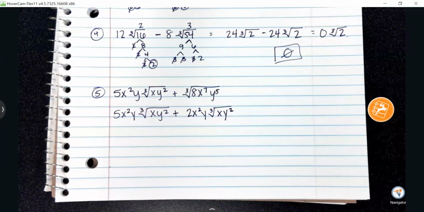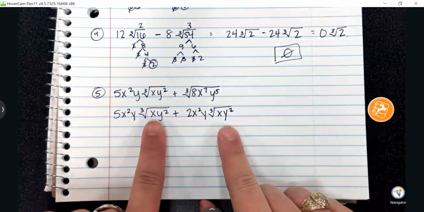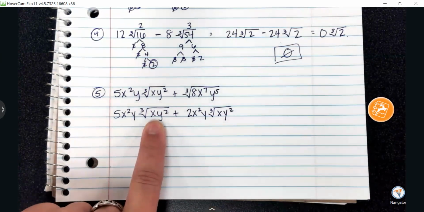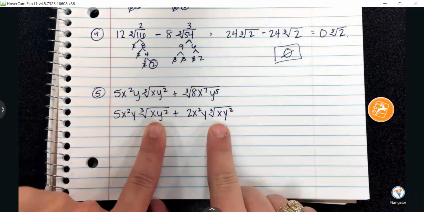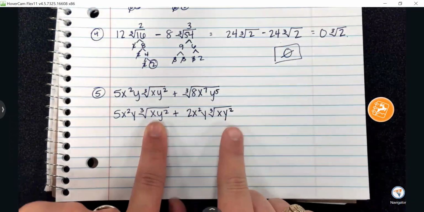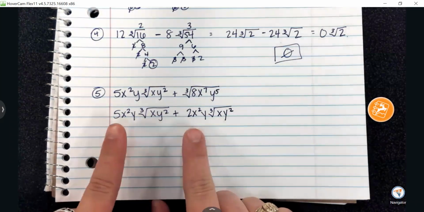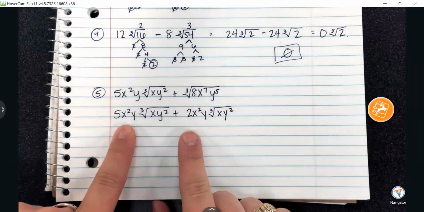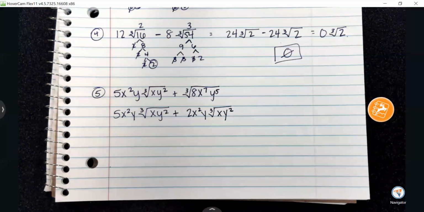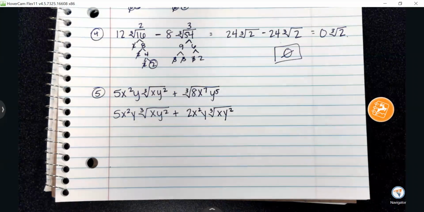Okay. So first thing to check is make sure what's under the radical is the same. So is my radical the same? Yes. Now, because there are letters outside, you have to be careful. They have to be the same because you can't add 5x squared and 2x, right? Like we can't add those together.